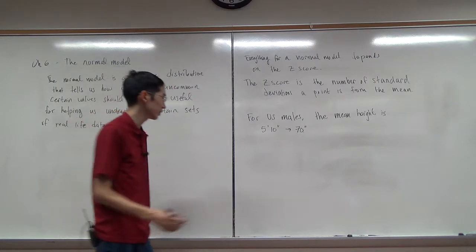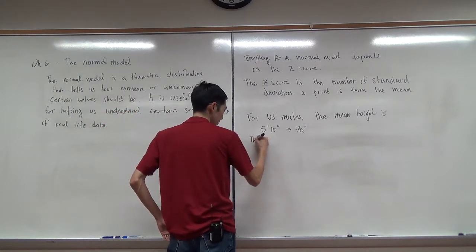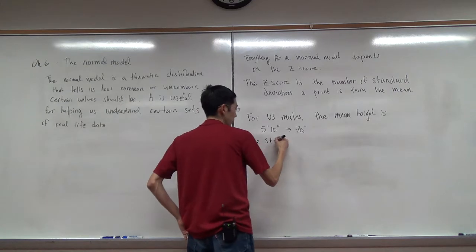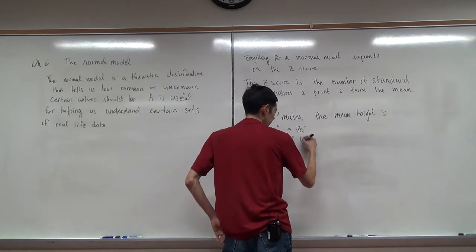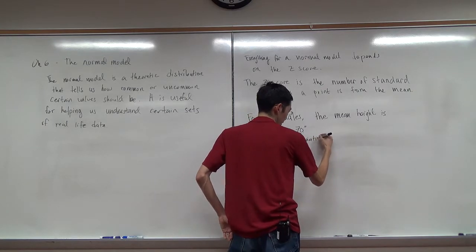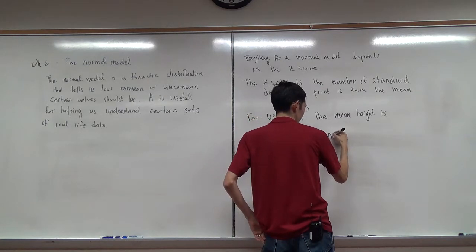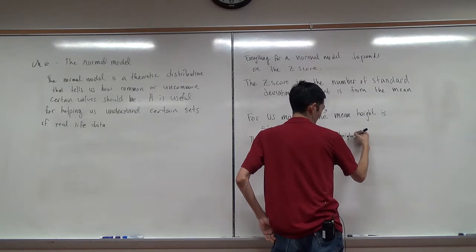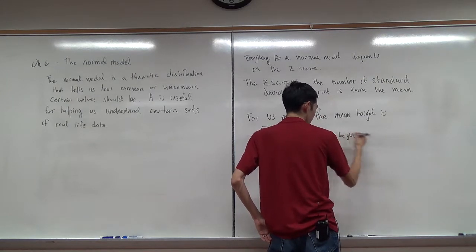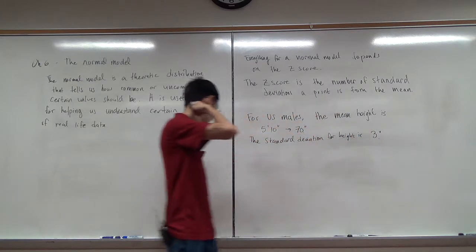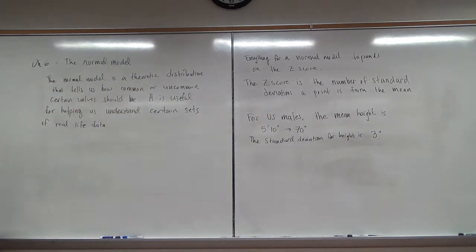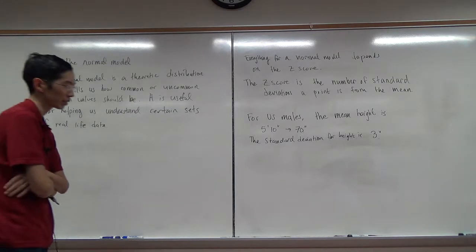I'll just say the standard deviation for height is 3 inches. Okay, so the z-score is the number of standard deviations a point is from the mean.